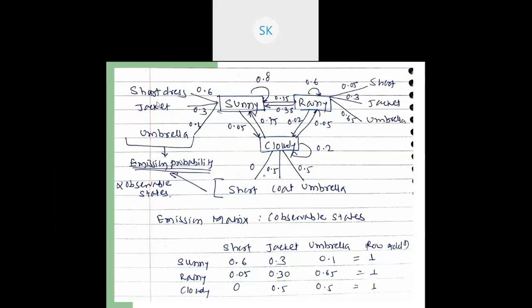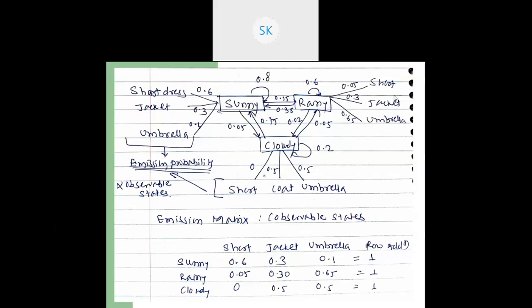So these shorts, jacket and umbrella are the observations given by the state sunny. Now for the cloudy weather at present, the probability of wearing shorts is 0, the probability of wearing a coat is 0.5, and coming with an umbrella is 0.5.